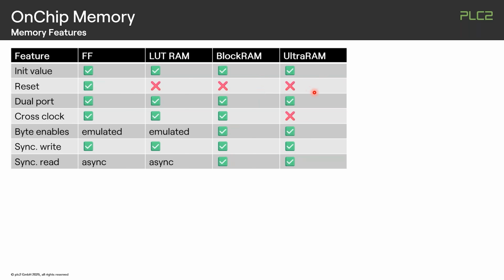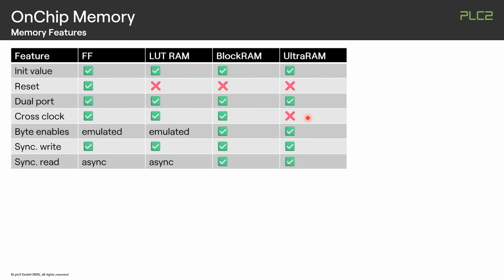So no resetting available. All these memories support the implementation of dual port memory. There are also ways to implement more than 2 ports if needed. This is usually done by replicating the memory and saving a word multiple times into memories. All these memories are capable of cross-clock except for the LUTRAM.